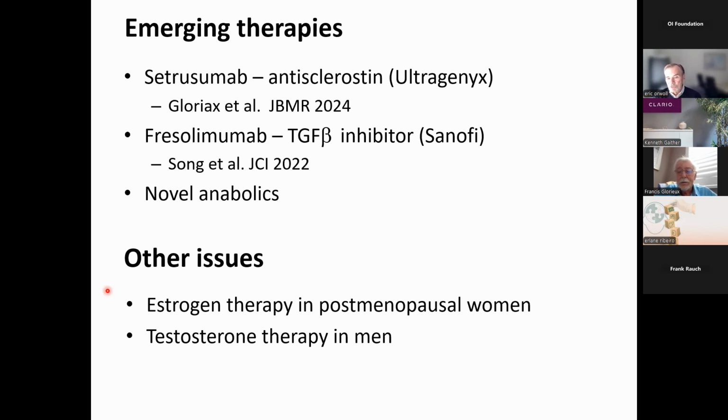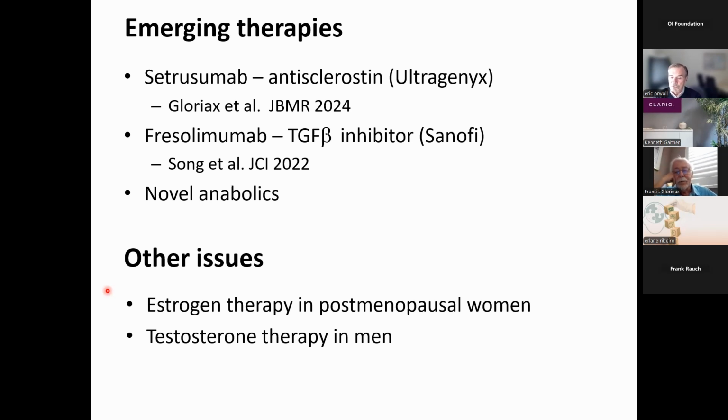In men without OI, that issue has gotten even more complicated in the recent past, since data suggests that although testosterone may increase bone density in men with low testosterone levels, the most recent clinical trials suggest that it might increase fracture risk, a very non-intuitive set of results.